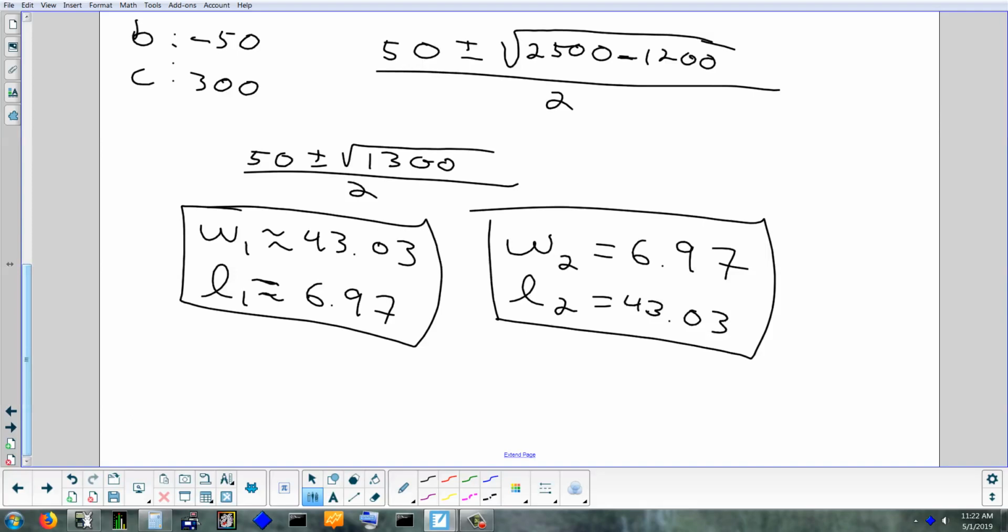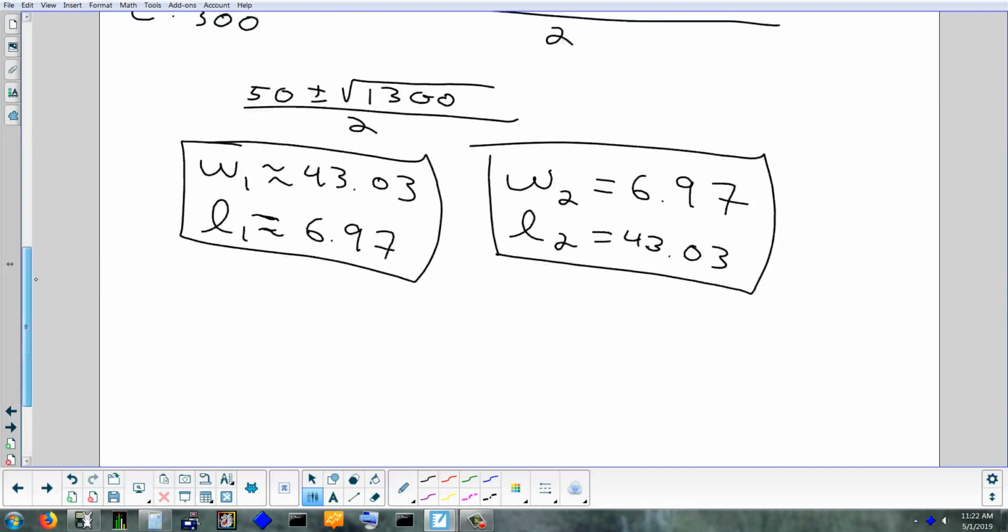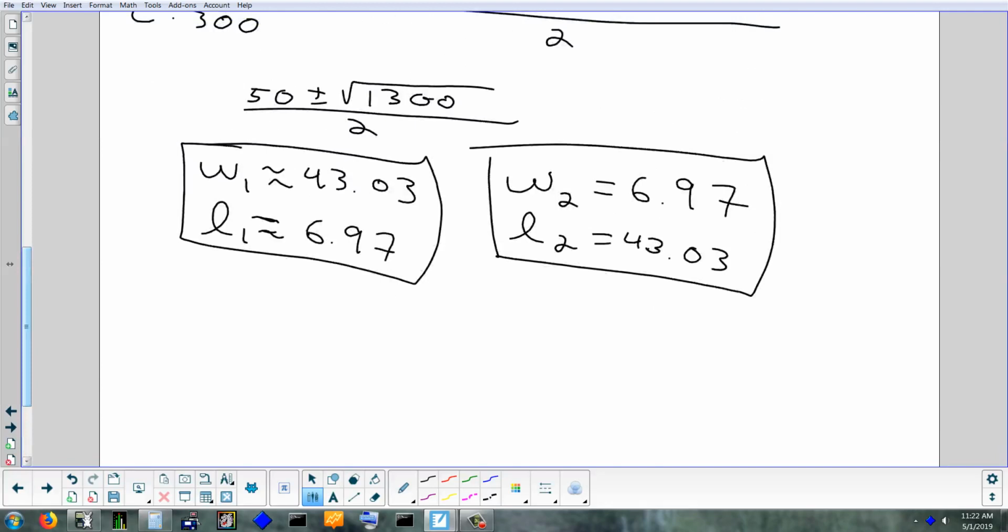One, the width is longer, while the other one, the length is longer. Yeah, I guess it's basically, are you looking at the rectangle this way, or are you looking at the rectangle this way? The answers are congruent, but there are 2 because you could have the rectangle turn 2 different ways. So technically, there are 2 answers.